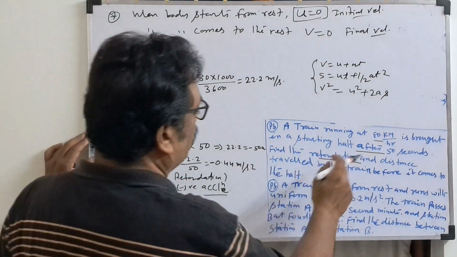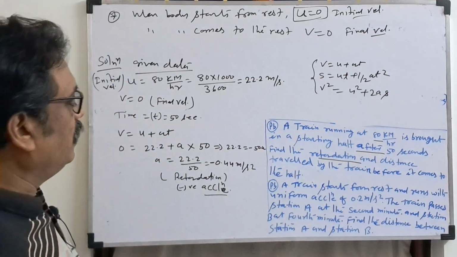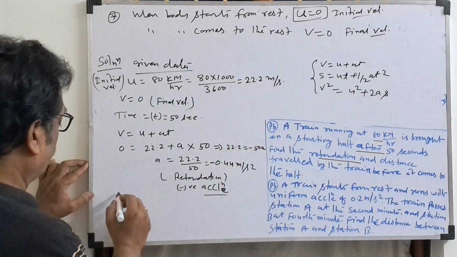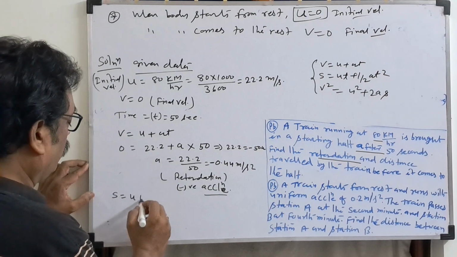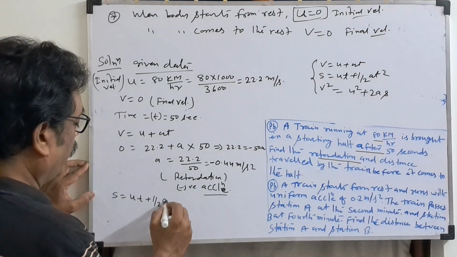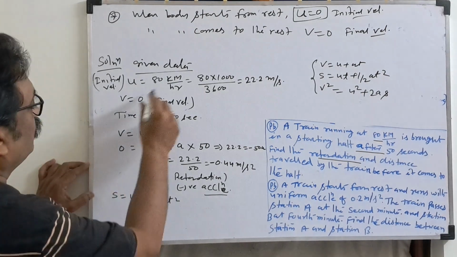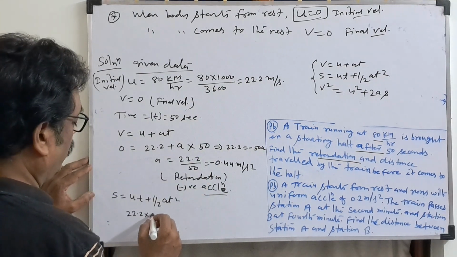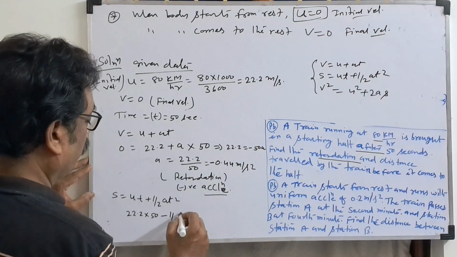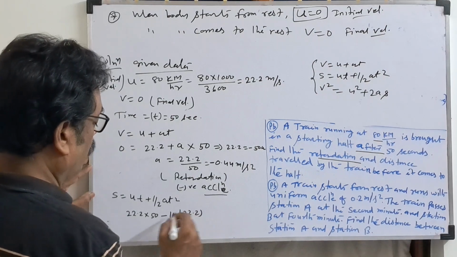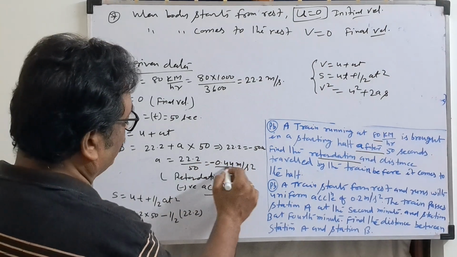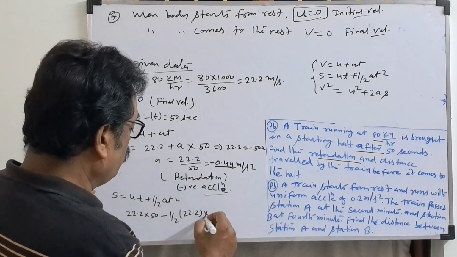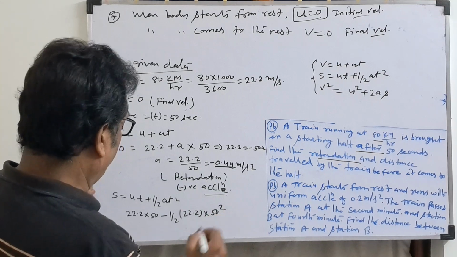First work is over. Second, what are they asking? Distance travelled. We will take the second formula: s, the distance travelled, is equal to ut plus half at square. u is 22.2 into 50, minus 1 by 2 into 0.44 into 50 square. Why minus? Because it is deceleration.